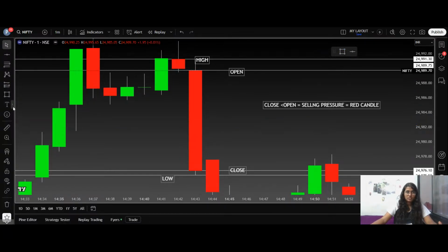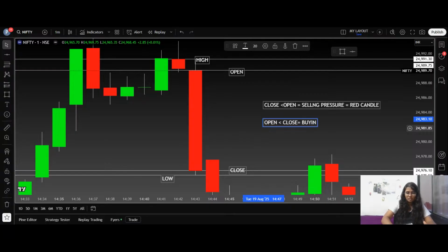Oh, I hate these rectangles. God damn it. If open is less than close, then buying pressure is there, which means green candle. In general, I'm talking. You can color your candle as much as you want, but here I'm talking in general.